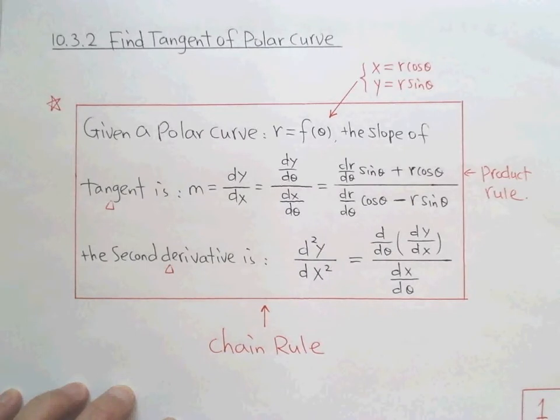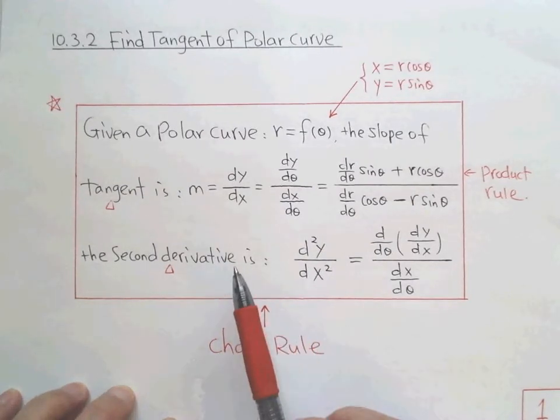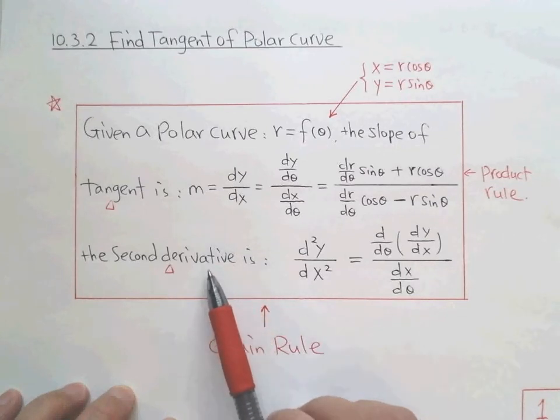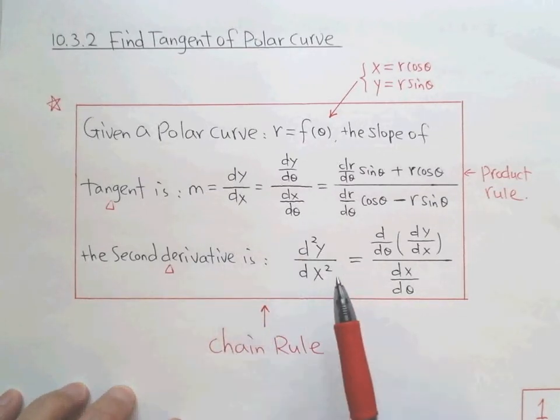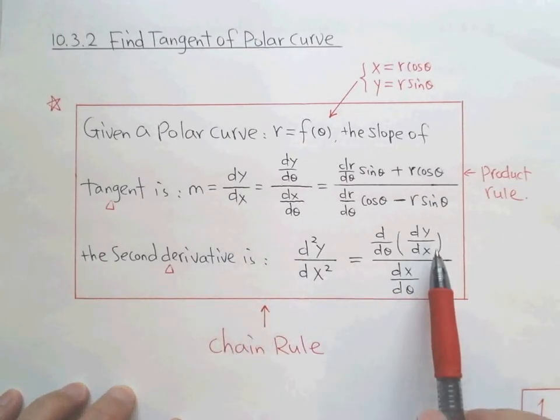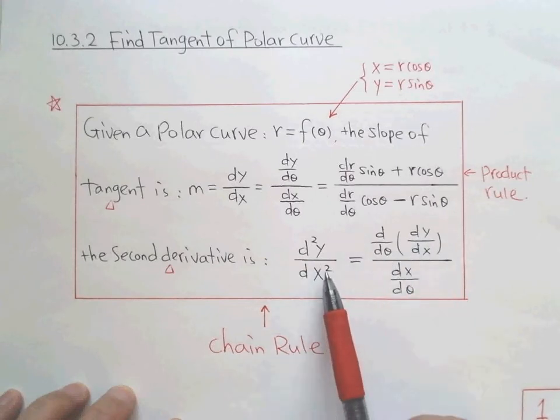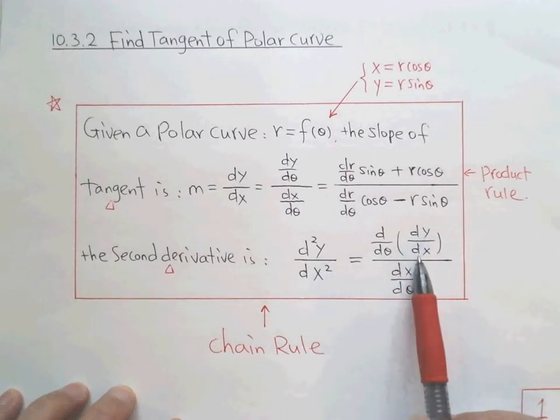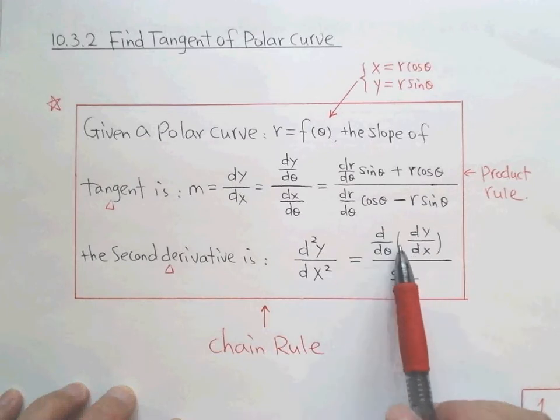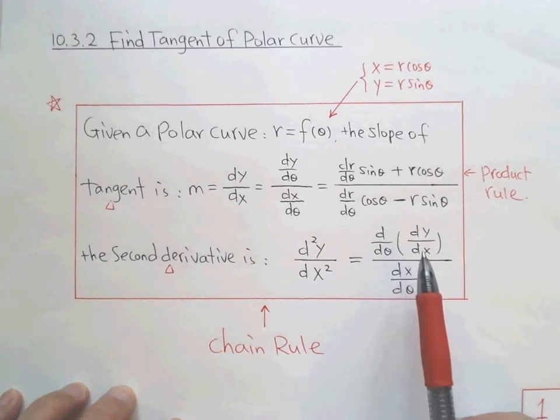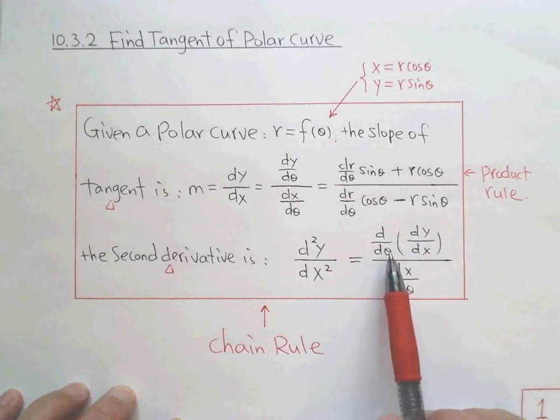And if they ask us for the concavity at a point, what do we need to find? The second derivative, right? So we have the first derivative, dy/dx, and take a derivative with respect to x again. We use the chain rule again, with d theta.